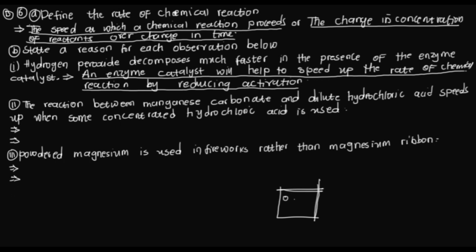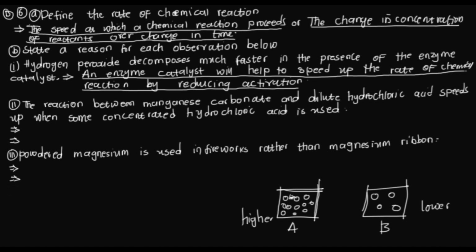So let's have two beakers. Let's say here we have these particles. Then we have another beaker, the same size beaker, but here let's say we have maybe 4 particles. So we can say we have beaker A and beaker B. If these two reactions in each beaker start to take place, we can see that in beaker A, the particles are in higher concentration. So here there is a higher concentration, then here there is a lower concentration.